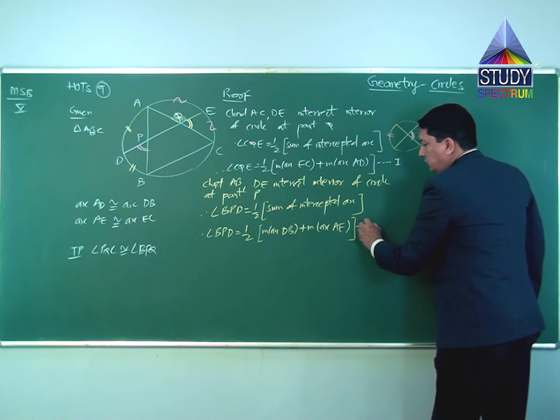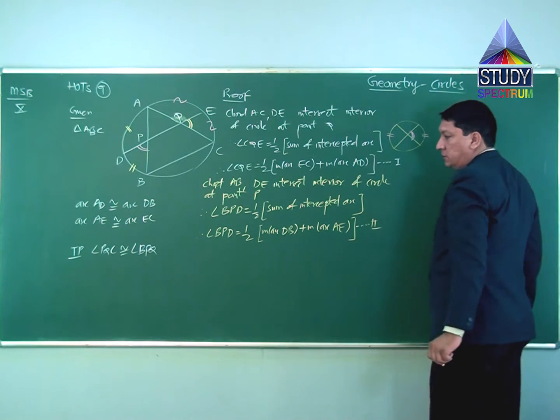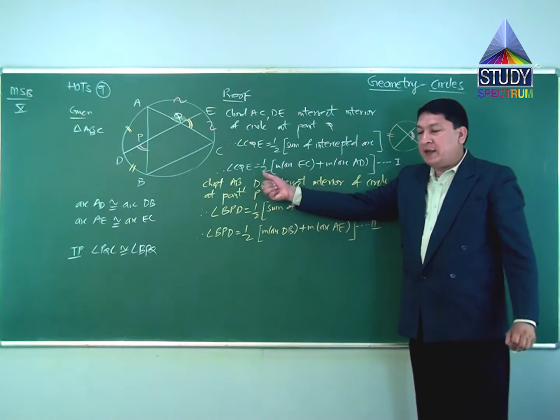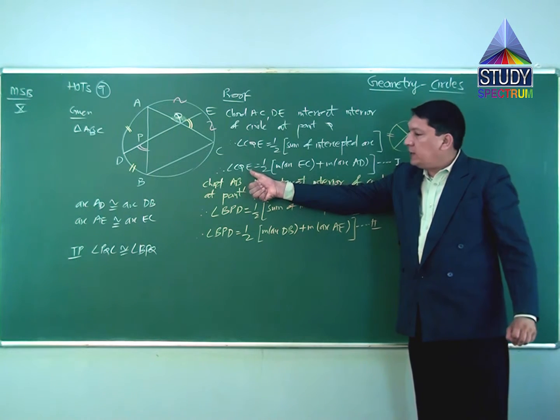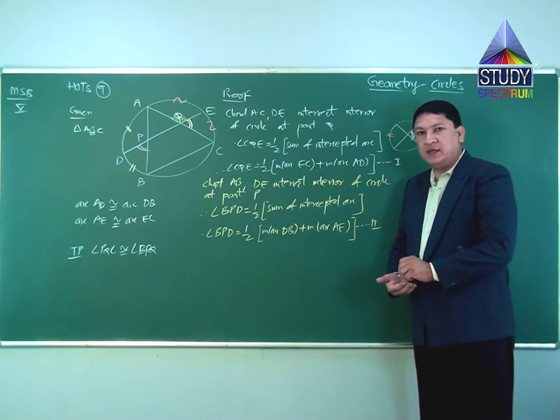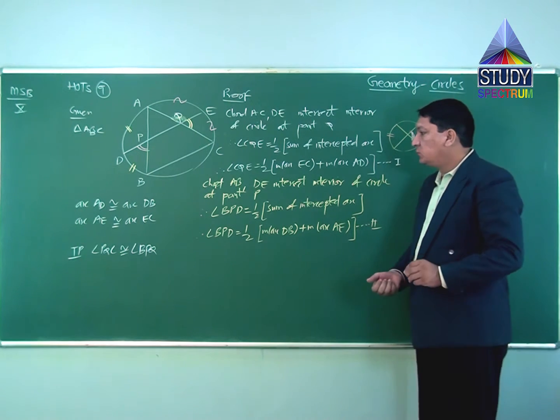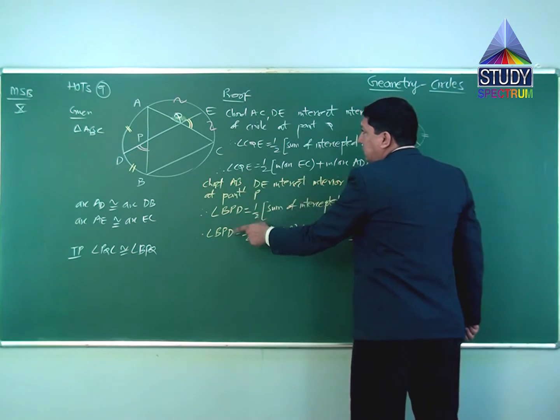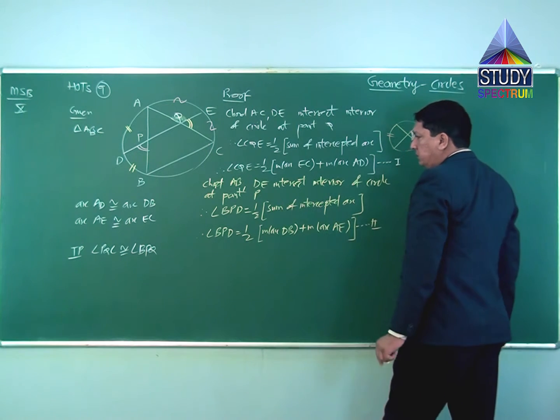This is the second equation. So we have obtained angle CQE's relation with the arcs, and angle BPD's relation with the arcs. So far we have established these two relations.